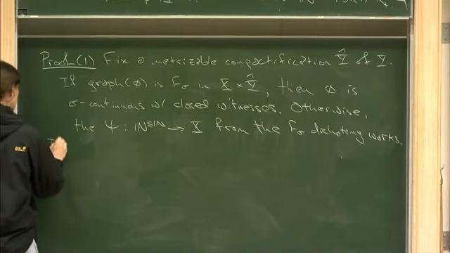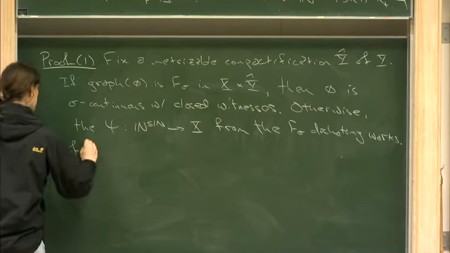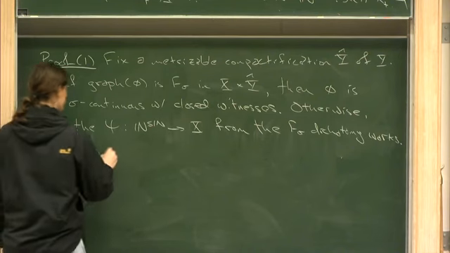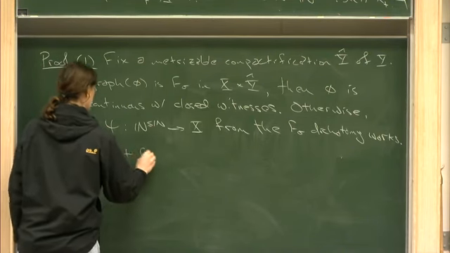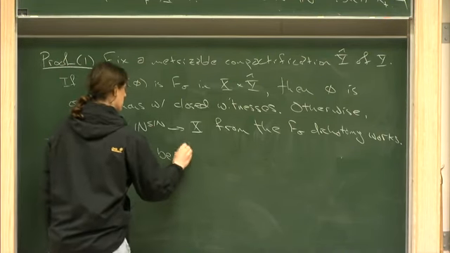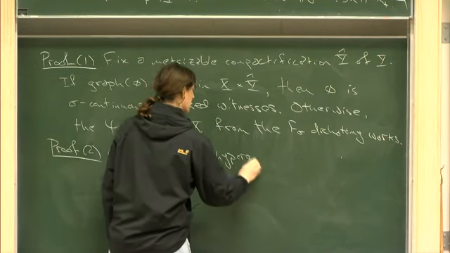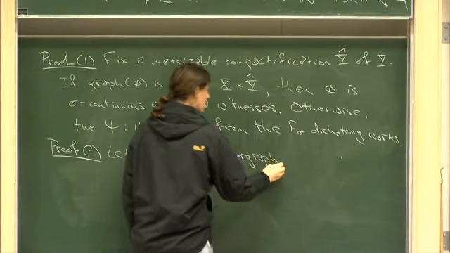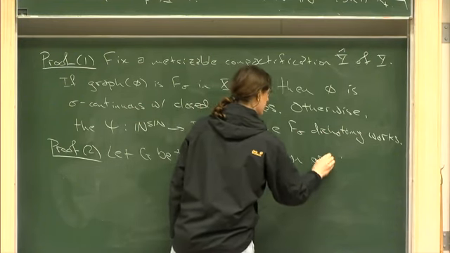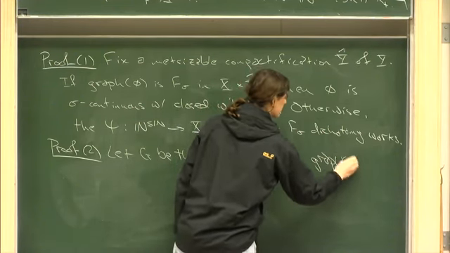Another simple proof, proof 2. Let G be the dihypergraph on the graph of phi, which I suppose you want to check is analytic, but it is.